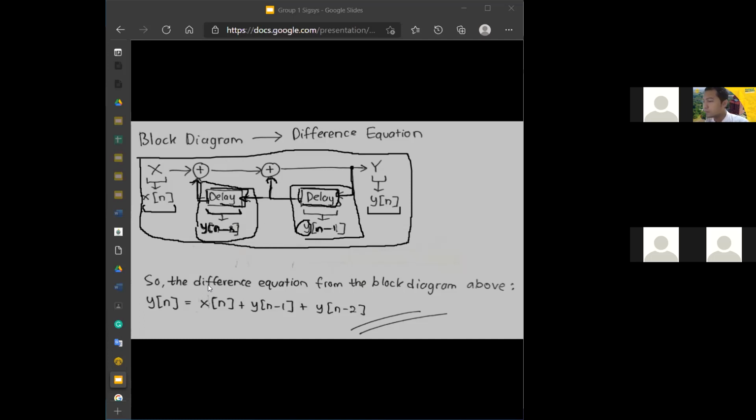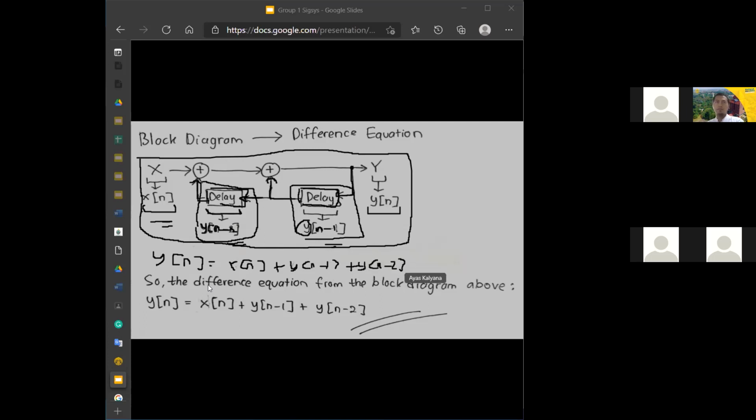And basically, when you have obtained these three, you just sum them up. y[n] equals x[n] plus y[n-1] plus y[n-2].